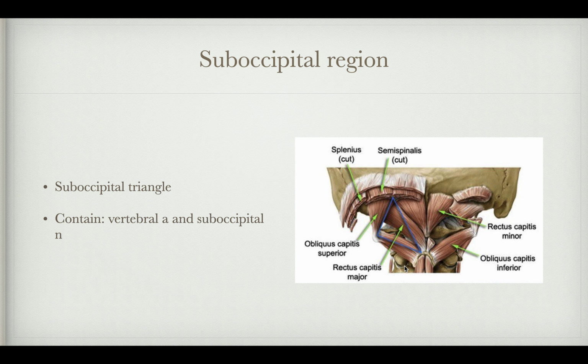The floor of the triangle is bounded by the posterior arch of the atlas and the posterior atlanto-occipital membrane. And since I did tell you that the semispinalis capitis is cut, this does provide the roof of it.